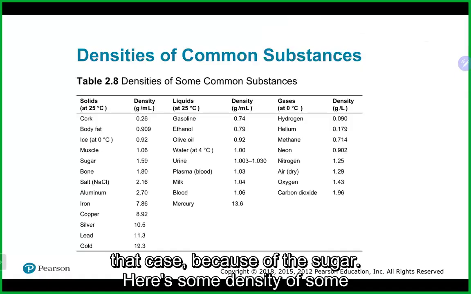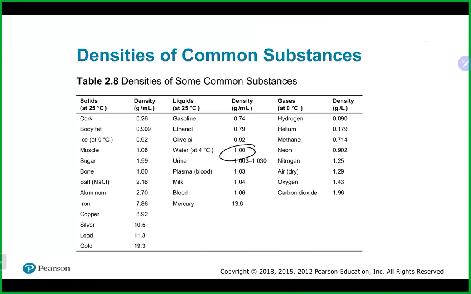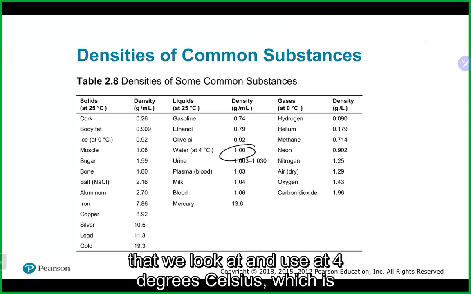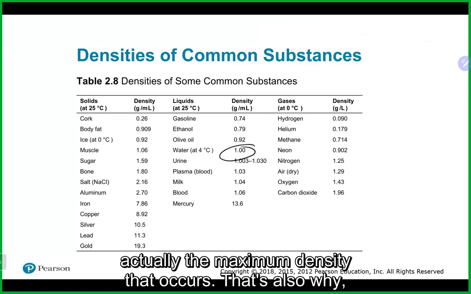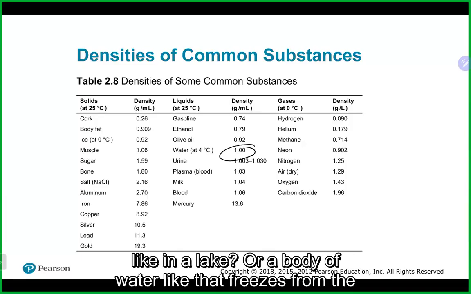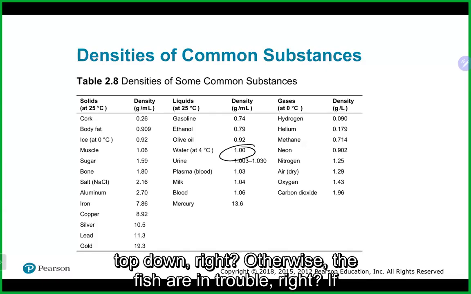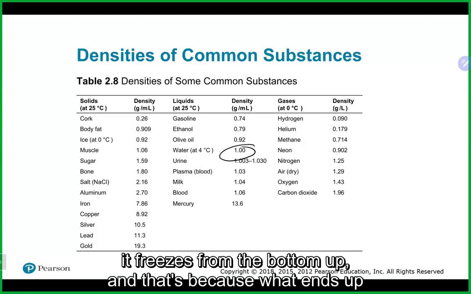Here are the densities of some common objects. As I mentioned before, water is usually the one that we look at and use, at 4 degrees Celsius, which is actually the maximum density that occurs. That's also why water in a lake or a body of water freezes from the top down, right? Otherwise, the fish are in trouble if it freezes from the bottom up.